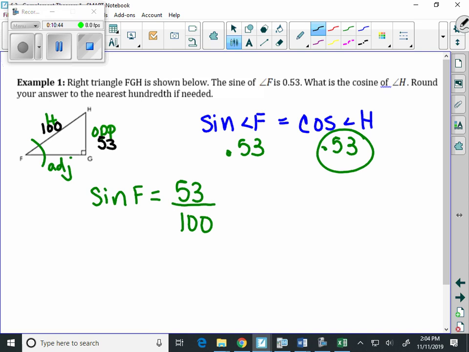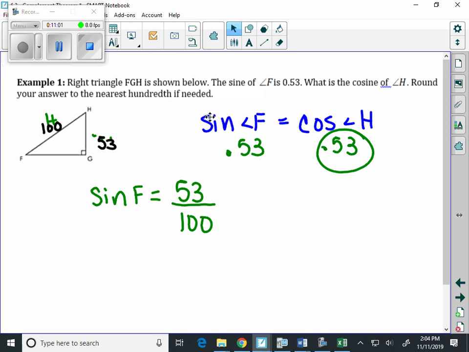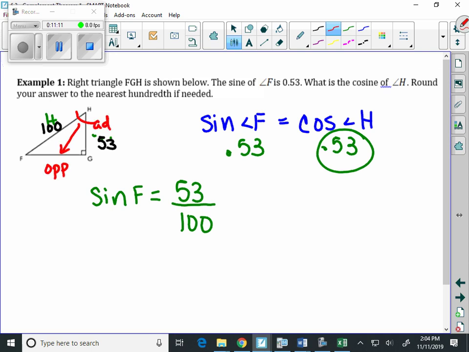Now we know those lengths, and the question is, what is the cosine of angle H? Well, we need to relabel with respect to H, so that opposite is going to go away. But the 53 and the 100 are not going to go away. The hypotenuse isn't going to change. But now, if we label with respect to H, across from H is the opposite, which means that the 53 is the adjacent.